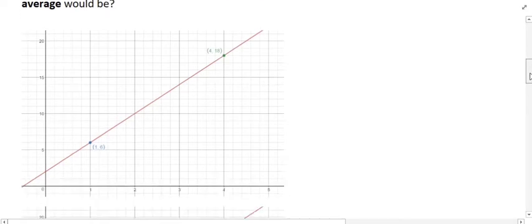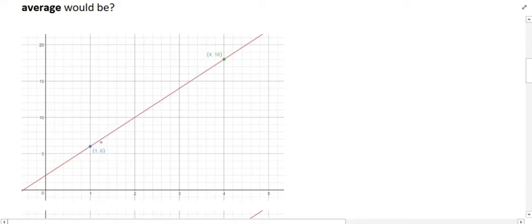So how we might do that is I might pick some values of the function. I might say, okay, I'm going to use x = 1 and the value at x = 1 is 6. I might also try x = 2 and the value at x = 2 is 10. x = 3, the value of the function is 14. And at 4, as we know, the value of the function is 18.